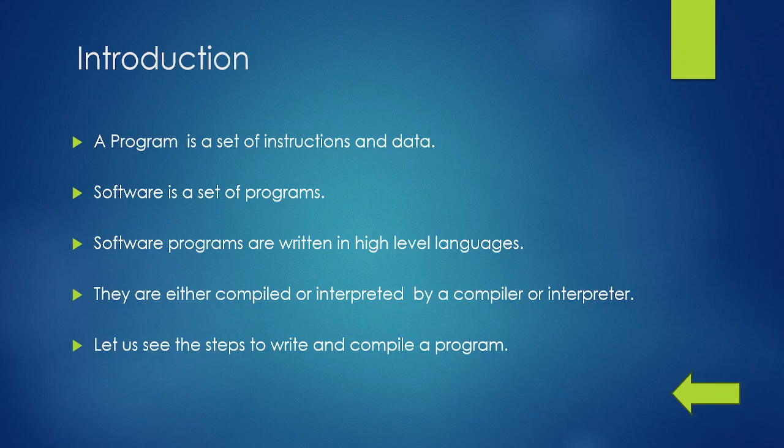But these high-level languages are not understood by the machine or computer, so they should be either compiled or interpreted. The compiler or interpreter software comes along with these high-level languages. So we need to learn how to write a program and how to compile a program.